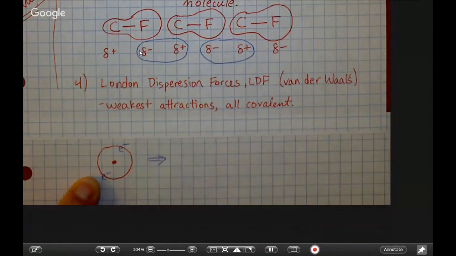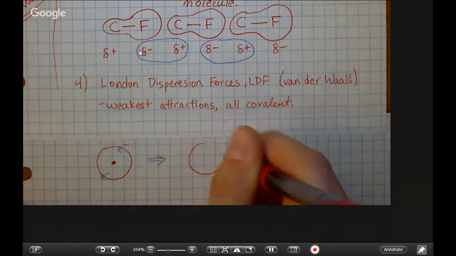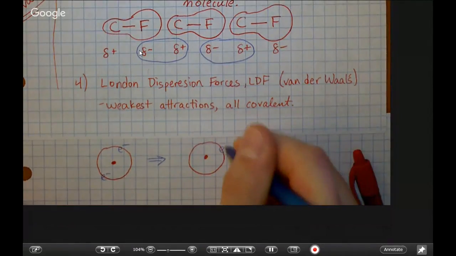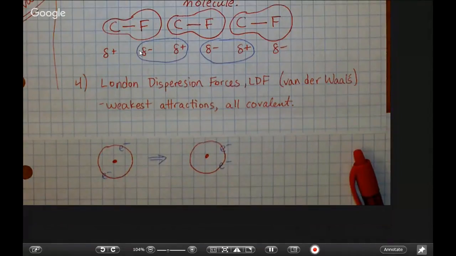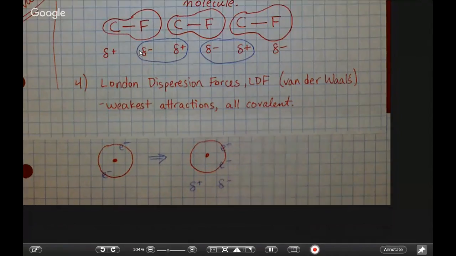But every once in a while, we get an imbalance of electrons, and we end up with both electrons on the same side of the atom. And so what happens in that case is we end up with a slight dipole.